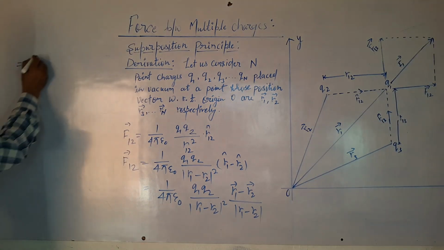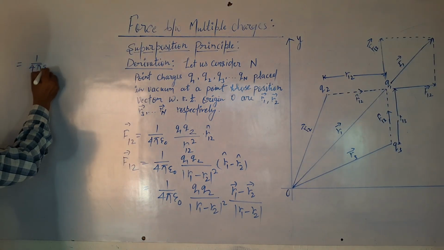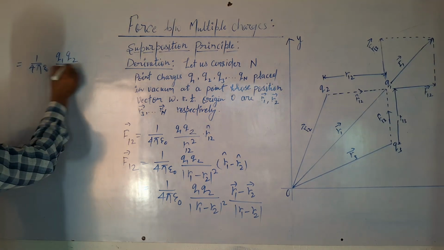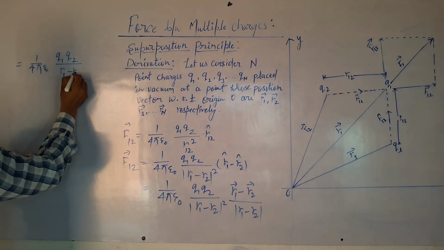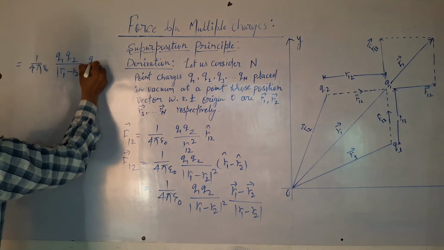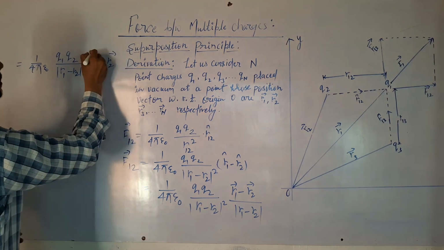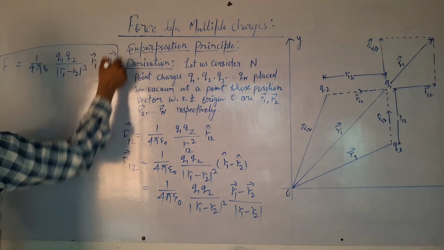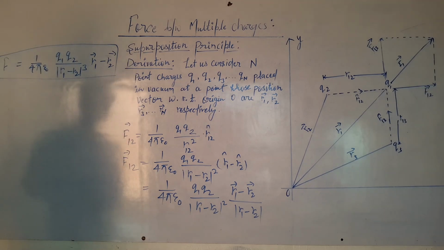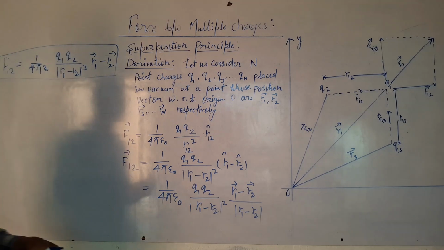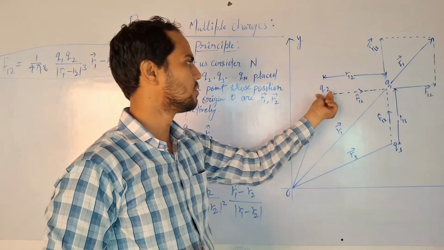We can write 1 upon 4 pi epsilon naught, Q1 Q2 upon mod R1 minus R2 cube, times the vector R1 minus R2, and this is the vector form of Coulomb's law for the force on Q1 due to Q2.